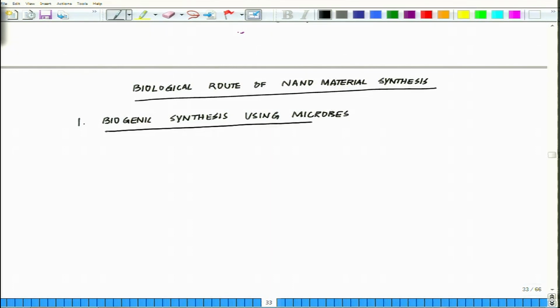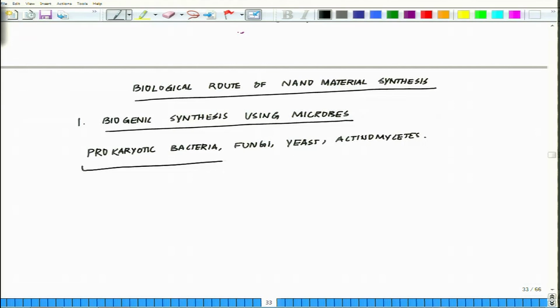The basic idea of biogenic synthesis using microbes is that prokaryotic bacteria, fungi, yeast and actinomycetes are extensively used as bioreactors.